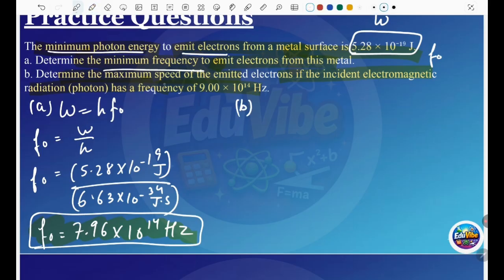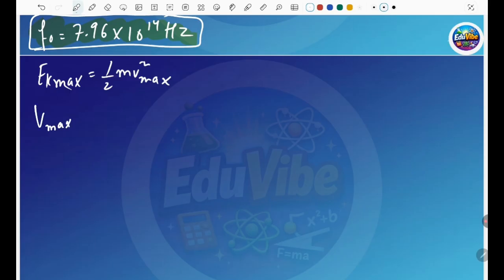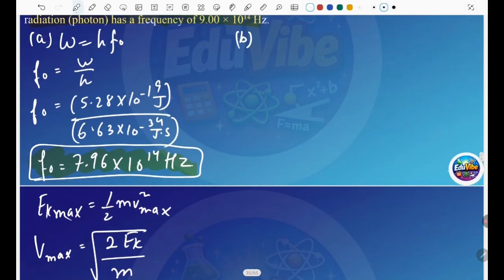For the B part, you have to find the maximum speed of the emitted electron. So for speed, you have one formula. You know EK max is equal to half m v squared max. This you know. You have to find the maximum speed, which is the root of 2 times kinetic energy upon mass. You know the mass of the electron, but you don't know the kinetic energy.